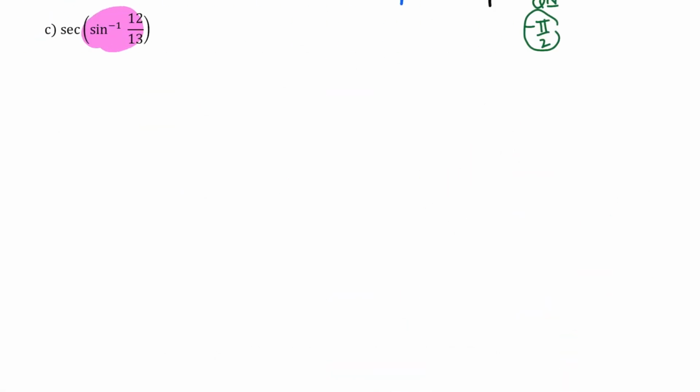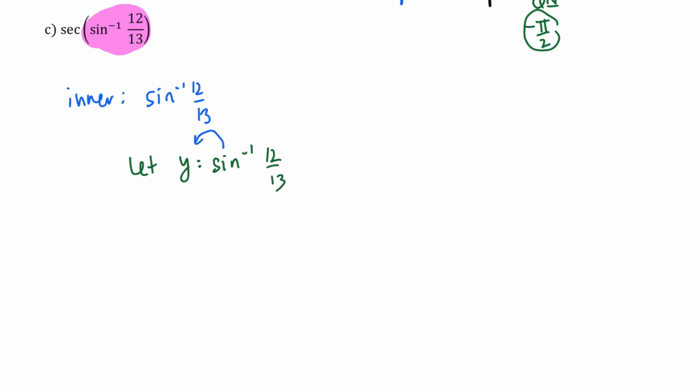Now let's see this question here. Let's solve for the inner function first. For the inner function, you have inverse sine of 12 over 13. Okay, so when you get inverse, make sure you let y. So let y be inverse sine 12 over 13. Now let's go to the opposite side. Sine y is 12 over 13.